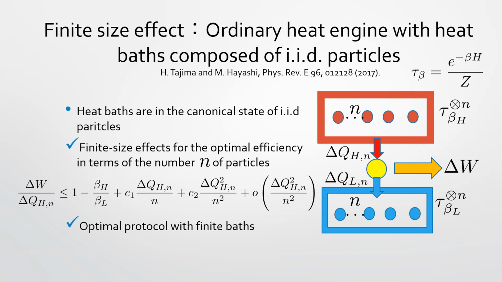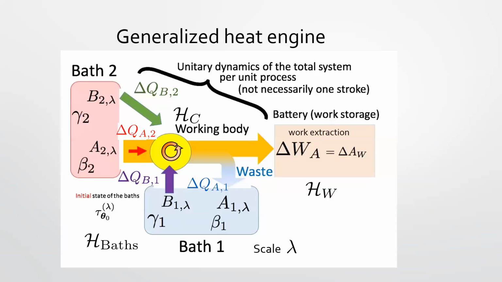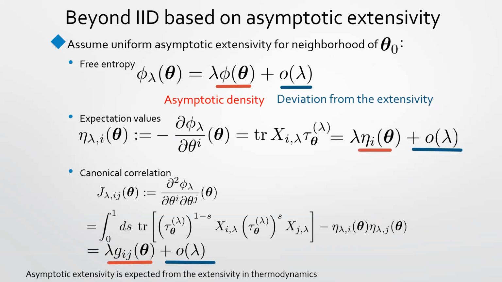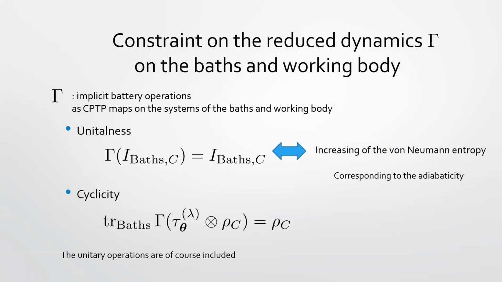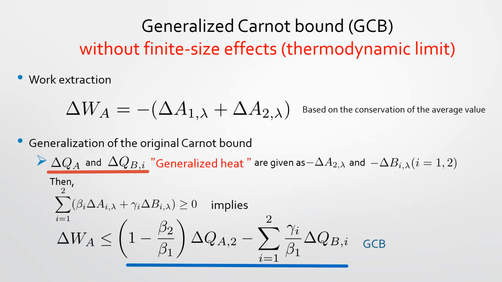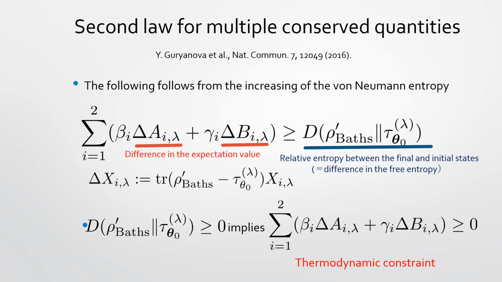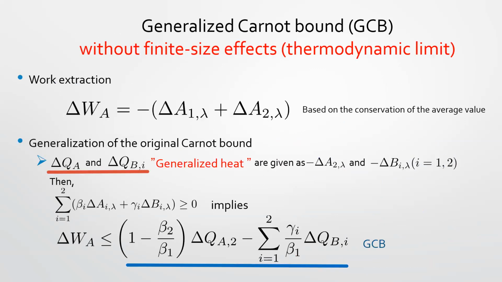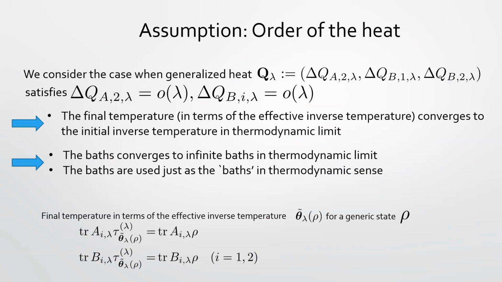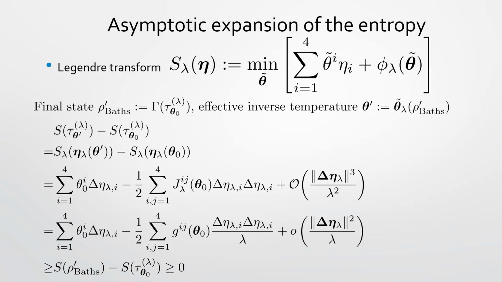Maybe this is very complicated, I think. Then this is the two-particle case. The two-particle case is more complicated. To derive this one, the relative entropy is essentially equal to this difference of the von Neumann entropy.